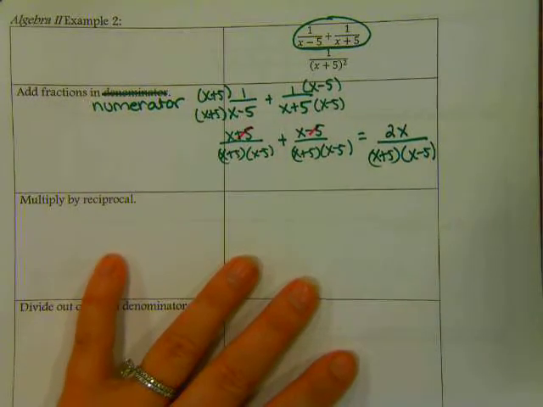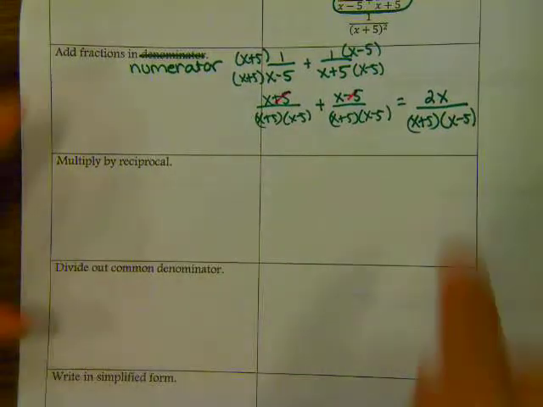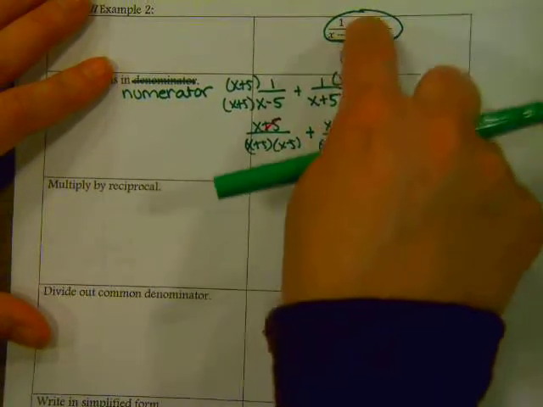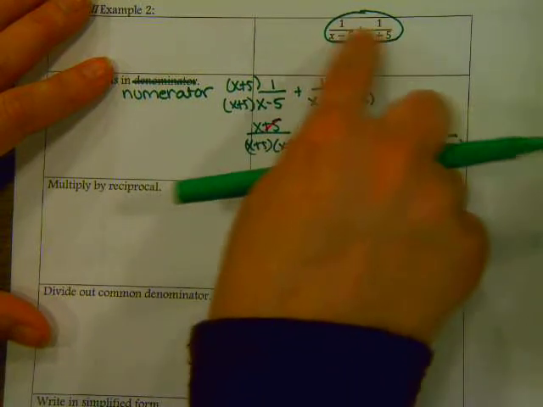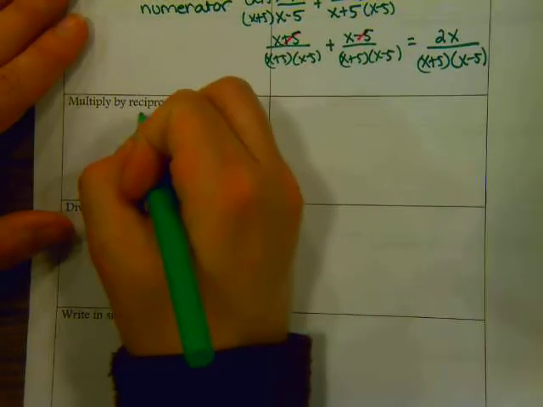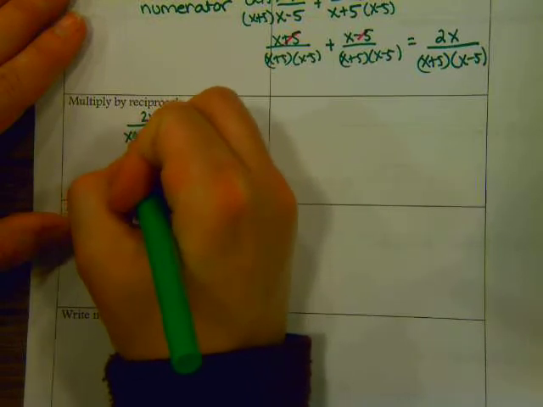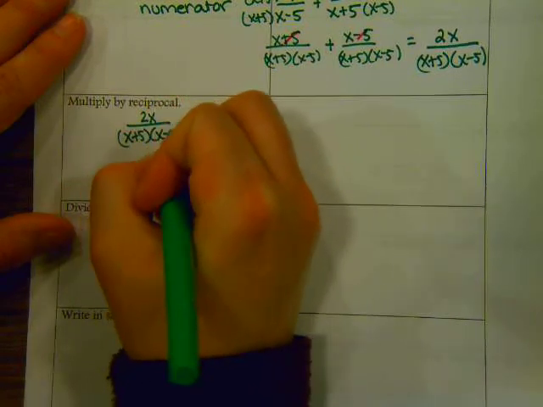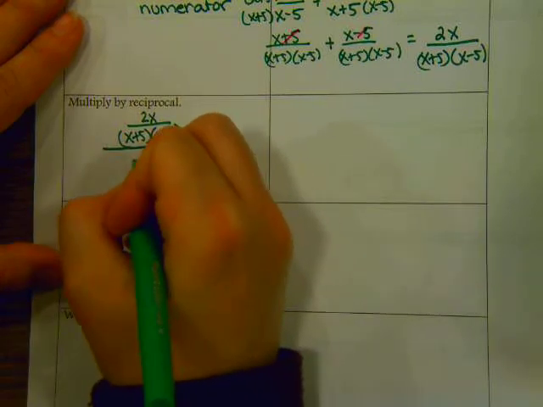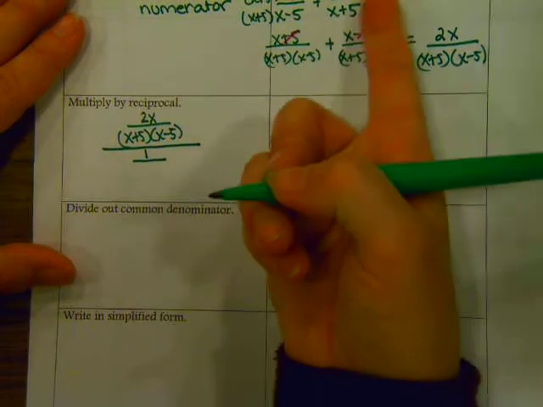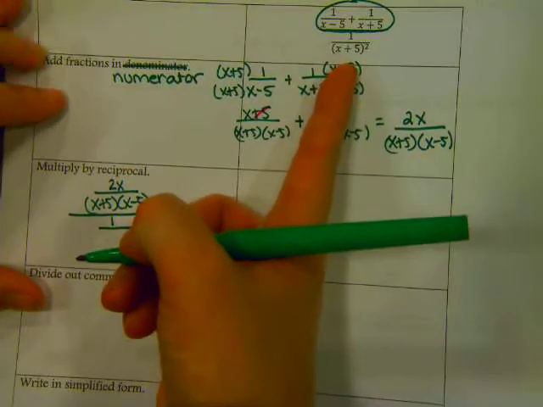So again, now take this new numerator and let's rewrite the original problem with this as one single fraction instead of the 2 at the top. So it's going to be 2x over x plus 5, x minus 5, divided by 1 over x plus 5 squared. But I don't like that being written like this, guys.